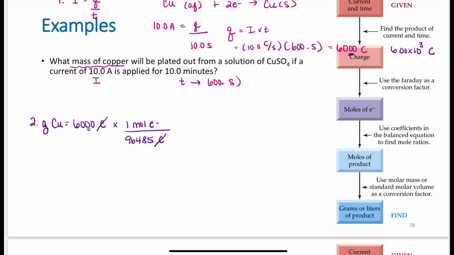So that cancels out my coulombs. I've got moles of electrons. I know that 1 mole of copper solid requires 2 moles of electrons to be passed, because it's a +2 charge on the copper, because it's copper 2 sulfate. Now I've got moles of copper. I know the atomic weight of copper is 63.55 grams to 1 mole.